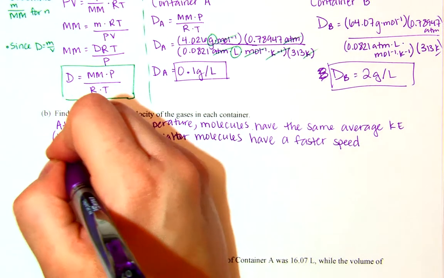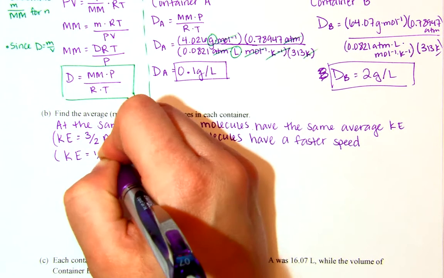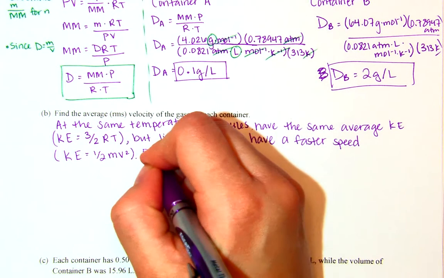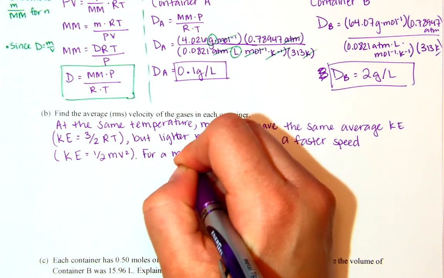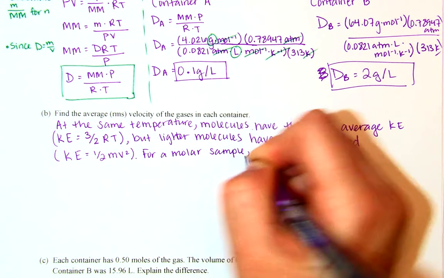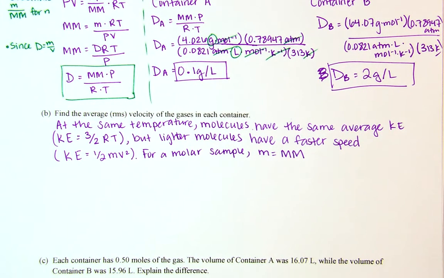And that is kinetic energy is equal to 1/2 mass times velocity squared. And for a molar sample, we can say that the mass is equal to the molar mass, because in 1 mole, it's a molar sample, they're going to be equivalent.